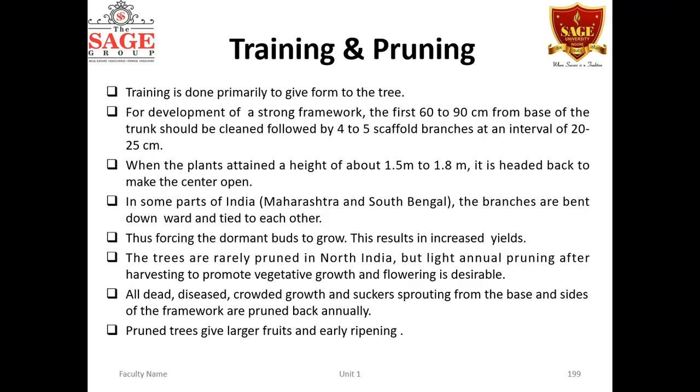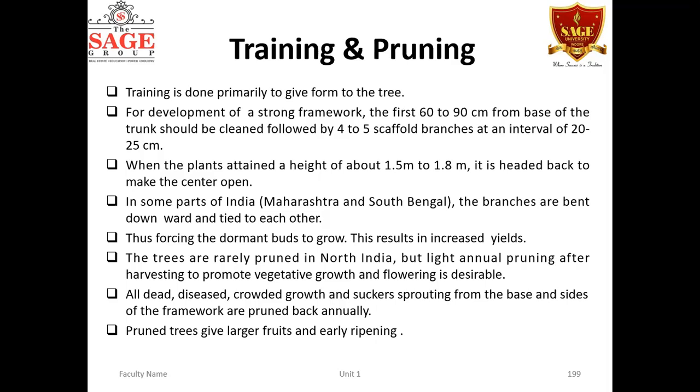After 60 centimeters, you can start maintaining different branches, one branch alternate to the other branch. In that way, 4 to 5 scaffold branches, with the internodal distance between two branches being 20 to 25 centimeters.